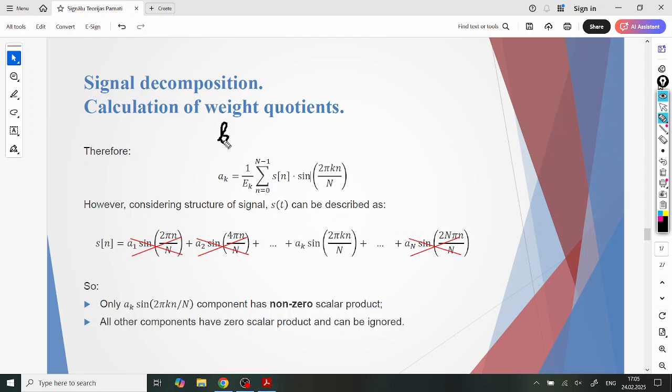Bk will be equal to 1 over ek, summation over n, starting from 0 all the way up to n minus 1, Sn multiplied by a cosine of the same stuff. So the formula is going to be exactly the same.